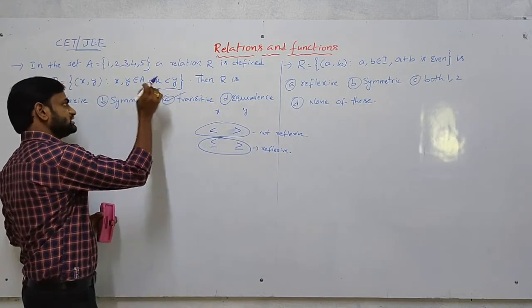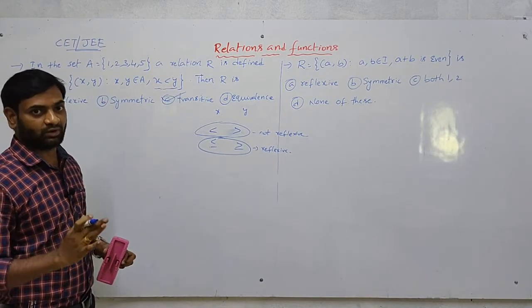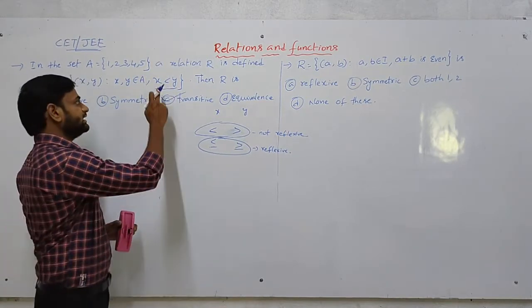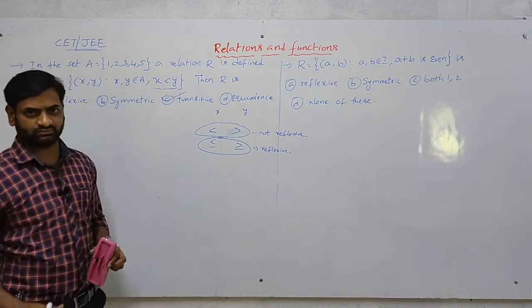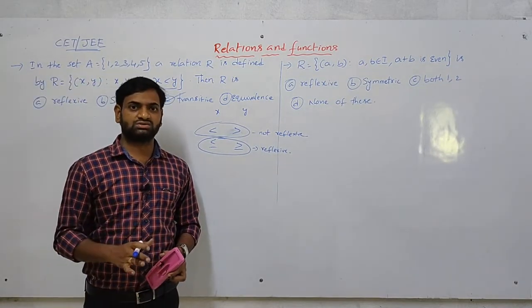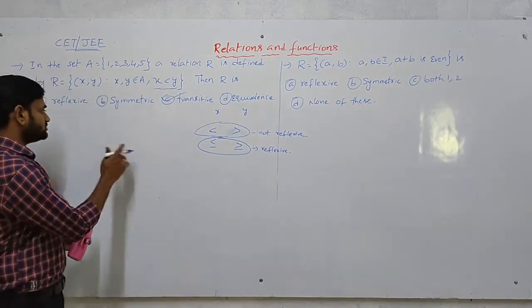When I can see between x and y without powers, when x and y are there without powers, and either it is less than, greater than, less than equal to, or greater than equal to, it is always not symmetric and transitive.